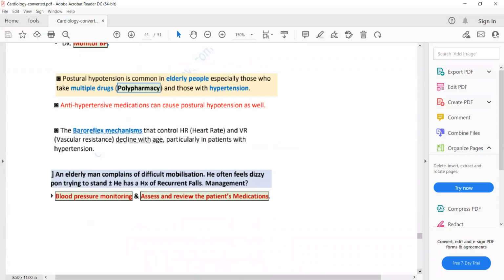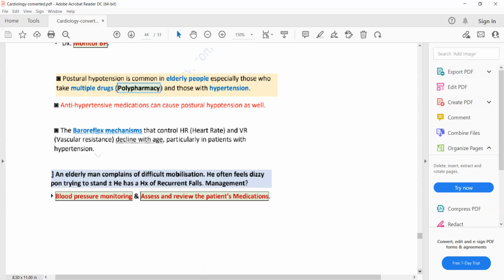If there is a drop in the blood pressure, the baroreceptors are stimulated, and they stimulate the sympathetic system in the cardiovascular area in the brainstem, and this stimulation of the sympathetic system will result in an increase in the blood pressure. So basically, the baroreflex mechanism doesn't let the blood pressure go down very much.